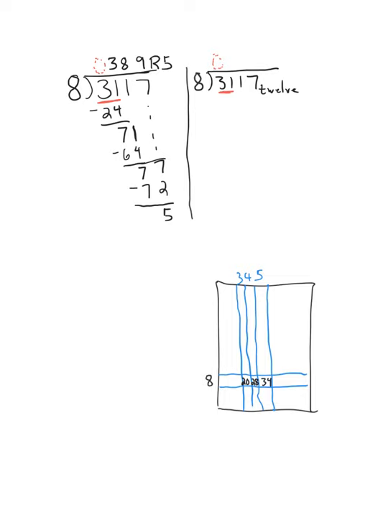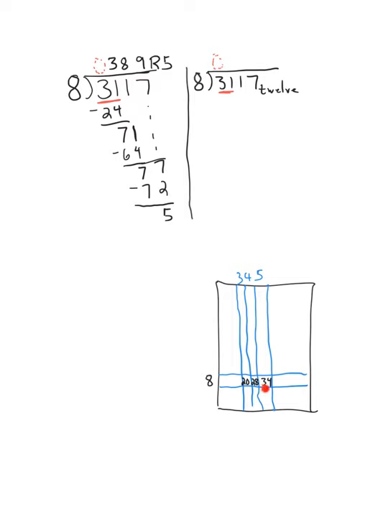And if I look here in my table, 8 times 3 is 20. 8 times 4 is 28. I shouldn't have said 20 earlier, my mistake. So 8 times 3 is 20, 8 times 4 is 28, but 8 times 5 is 34. 34 is too big.